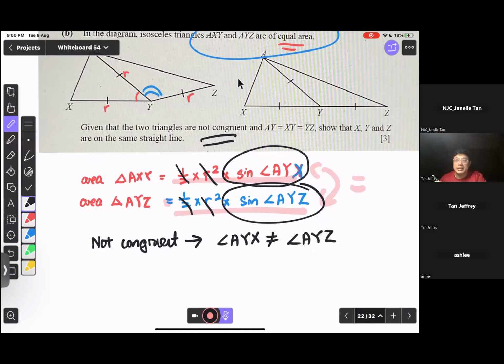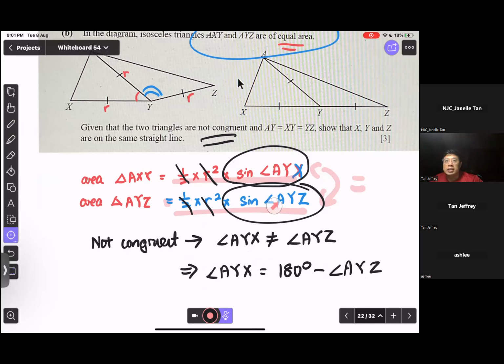For the sines to be equal, angle AYX must equal 180 degrees minus AYZ, because if sines are equal, the angles are either equal or supplementary, since it's the first and second quadrant. So what does this tell you? AYZ and AYX are on a straight line. They add up to 180, so they are collinear. Oh, okay, that makes sense. Thank you. That's the idea.